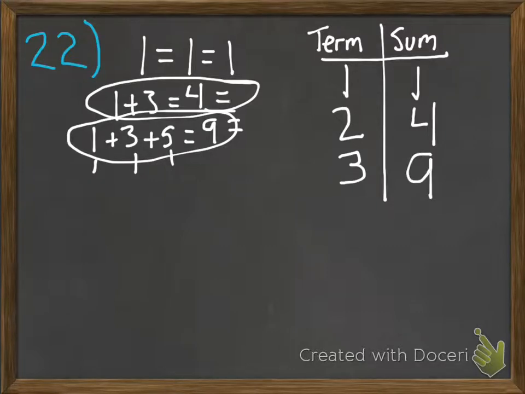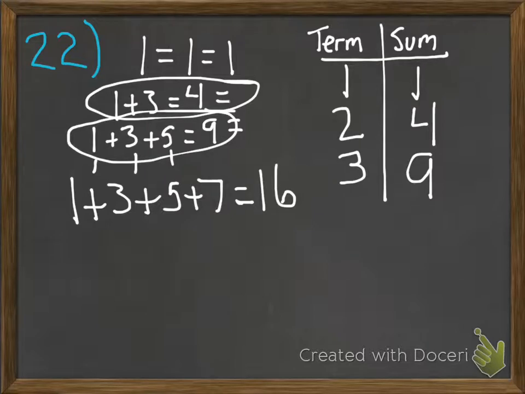Okay? If we go a little bit further, let's do one more with 4 terms, to see what the pattern is. So we do 1 plus 3 plus 5 plus 7 equals 16. So we have 1, 2, 3, 4 terms, and the sum here is 16.